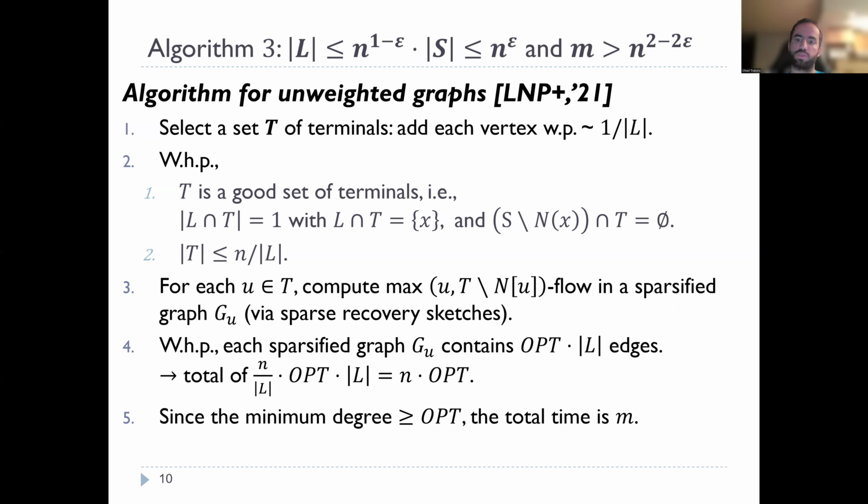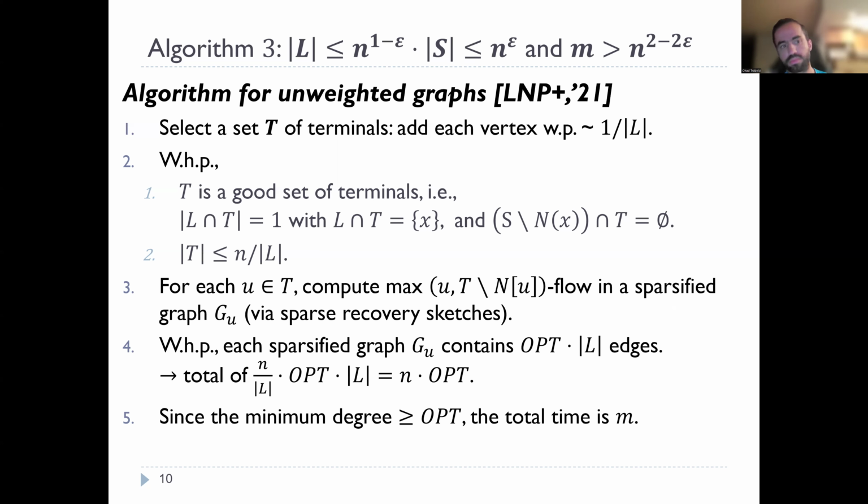There are no terminals that were chosen from that subset. So this just means that this is a good set of terminals. And also, with high probability, we know that the total number of terminals is smaller than n over L. This is straightforward.